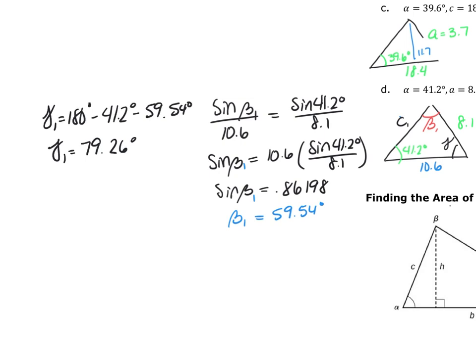So now all I have to do is find my C sub 1, because for my first triangle, I have all 3 of my angles and 2 of my sides. As before, I'm going to go back to the value that was given to me. I always go back to my given values. If you always go back to the given values, it prevents rounding issues later. So I end up writing the same thing.